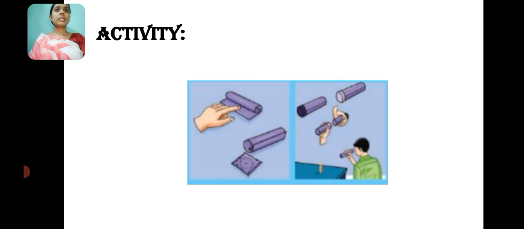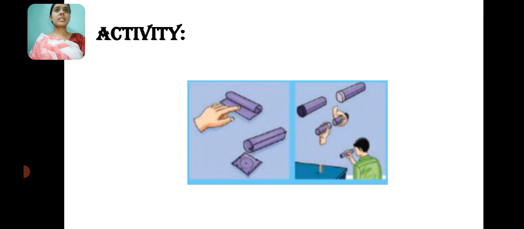Then you have to close one end of the second tube with butter paper. And you have to slide the smaller tube into the bigger tube in such a way that the butter paper is inside. Okay, can you understand?